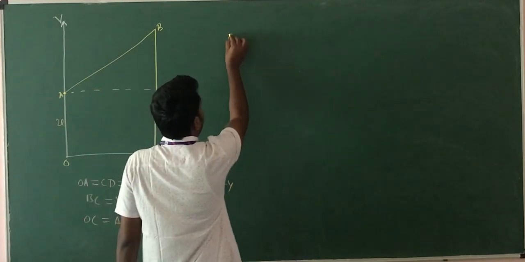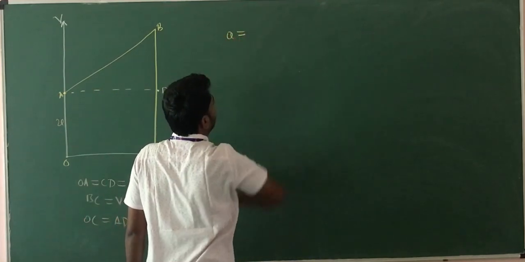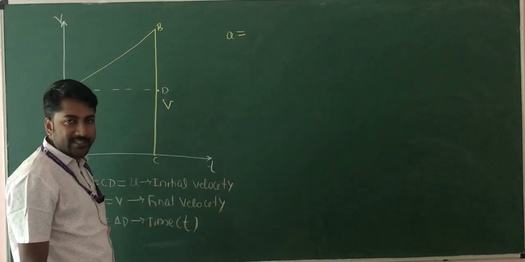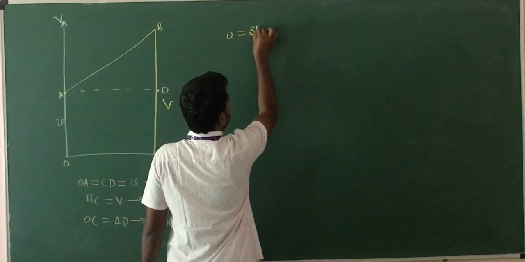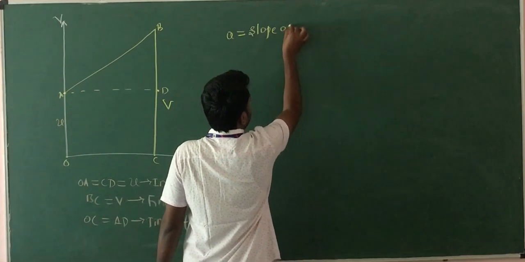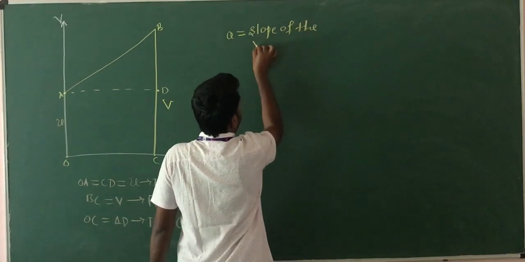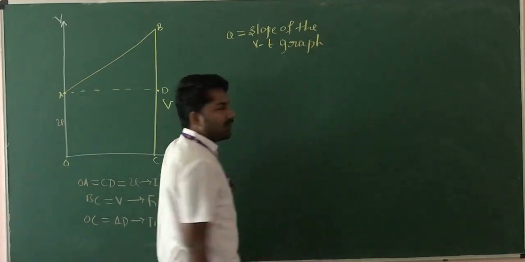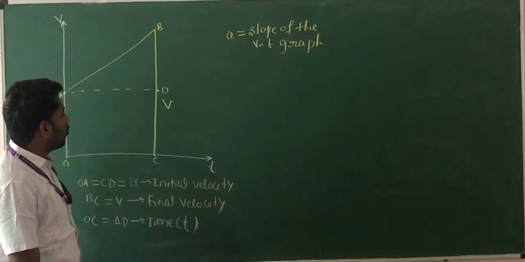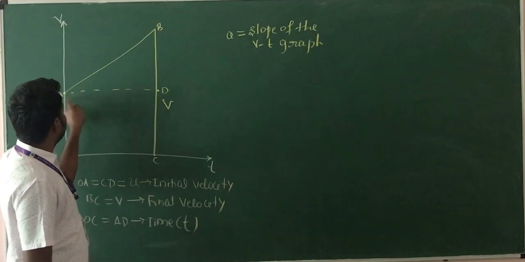We know the formula: acceleration a is equal to the slope of the v-t graph. How to find the slope here?